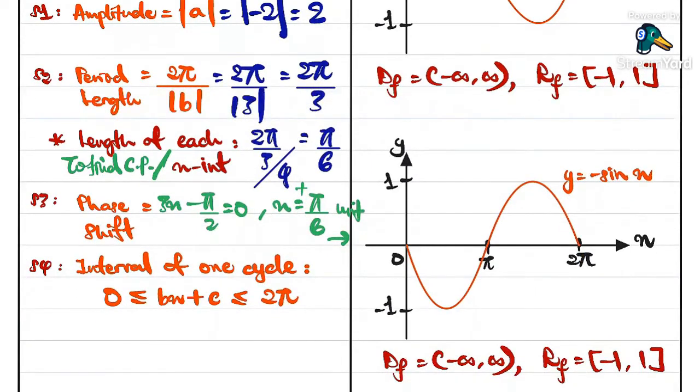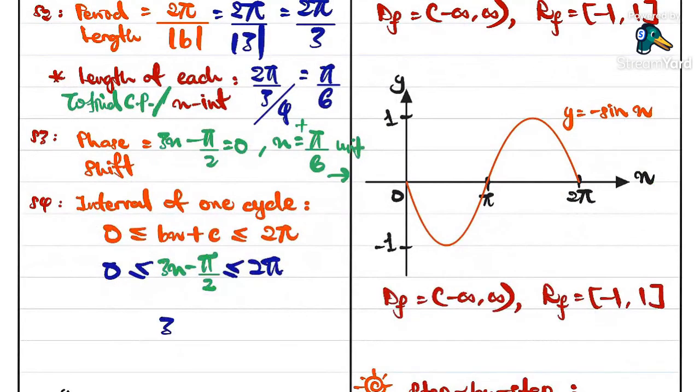So here goes the interval of one cycle. You just write down the linear part, which is 3x minus pi over 2 just now, the same thing. And then don't forget to put the formula, which is from 0 to 2 pi. And then you make 3x the subject first, step by step, slowly. And then 2 pi plus pi over 2 is going to give you 5 pi over 2.